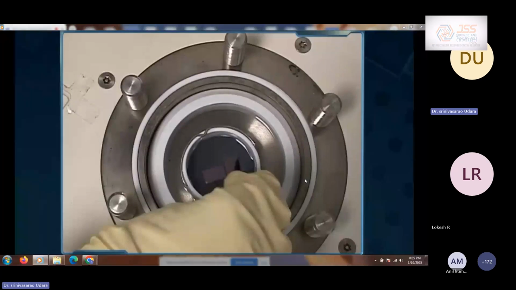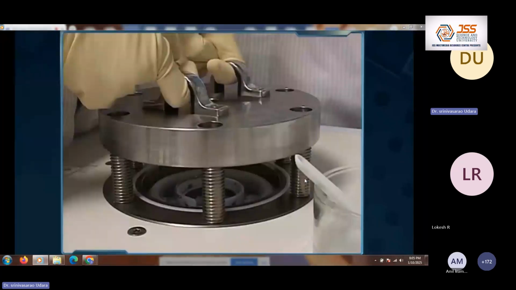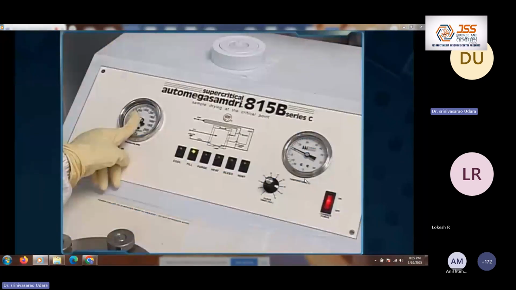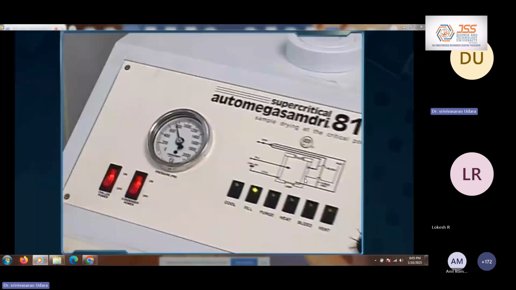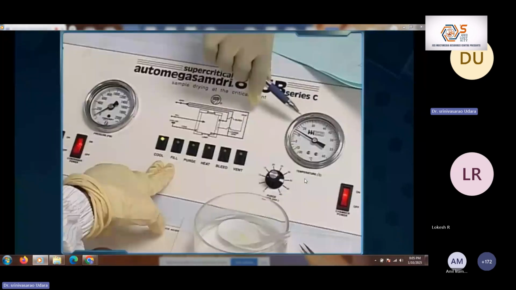Then we complete the basket assembly and lock the CPD chamber. Once samples are loaded, the equipment is turned on. Let's understand the ongoing process better.